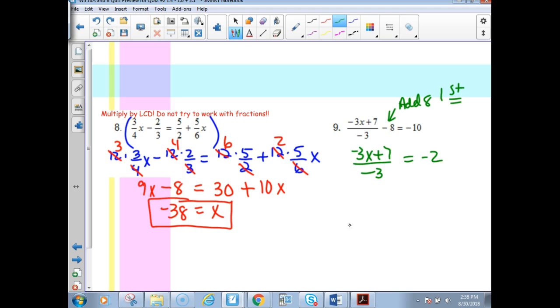So we're adding 8 to both sides first. Next, we would multiply by -3 on both sides. That would give us +6. Negative 3 times x plus 7 equals positive 6. What I did was multiply both sides by negative 3. Subtract 7 from both sides, you get negative 1. Divide by negative 3, that'd be positive 1/3.